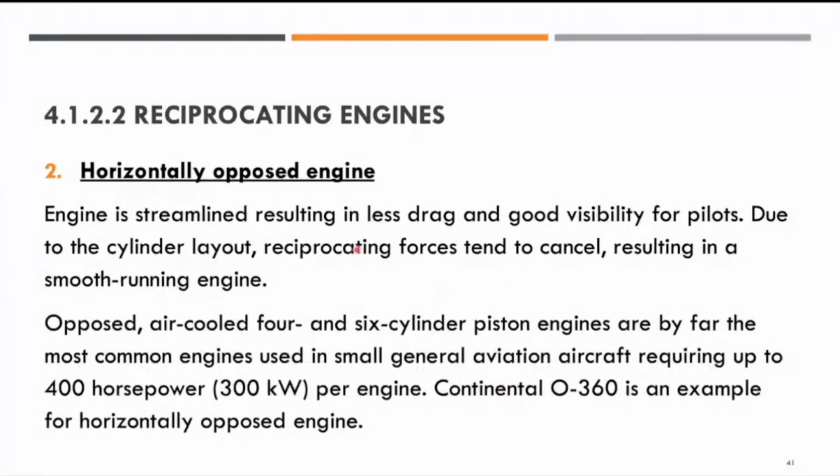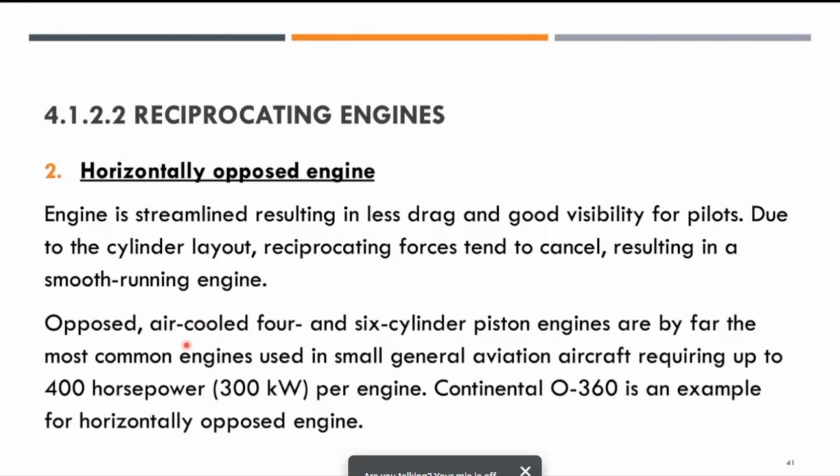The engine is streamlined, resulting in less drag and good visibility for the pilot, which is very important. Due to the cylinder layout, the reciprocating forces of the horizontally opposed engine tend to cancel, resulting in a smooth running engine.